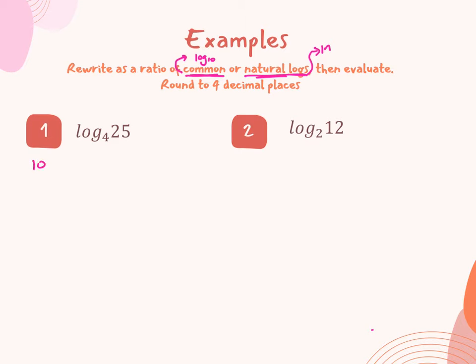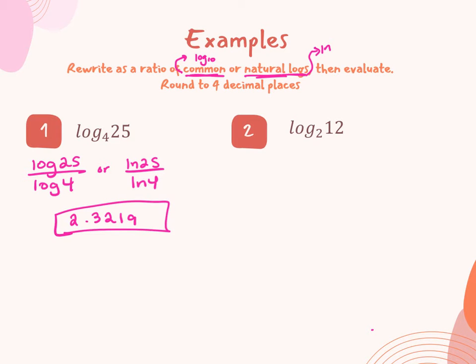So I could do log of 25 over log of 4, or I could do ln 25 over ln 4, and then literally type that in the calculator. Log 25 divided by log 4, and I get 2.32192. So it would round to that.